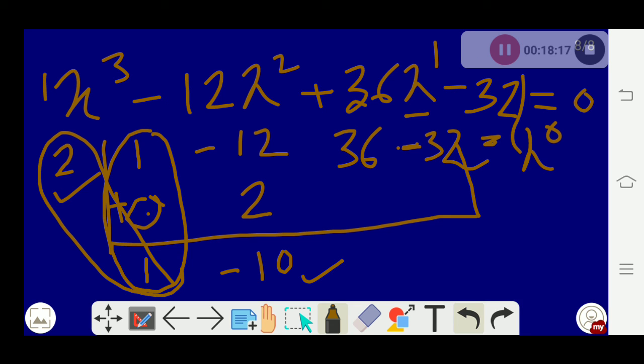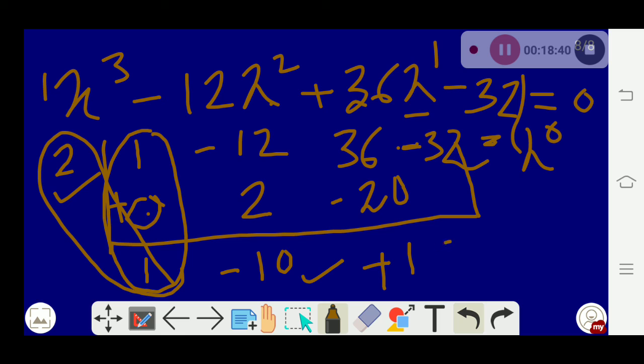Again you have already added minus 12 and plus 2 and you get minus 10, right? So minus 10 into 2 is minus 20. It is minus 16, correct?